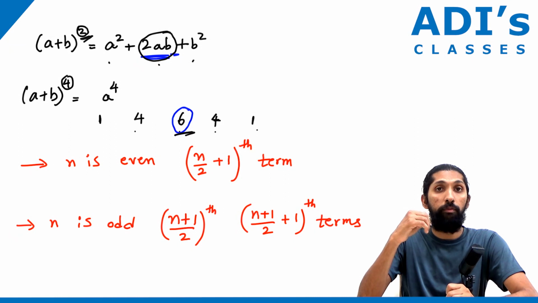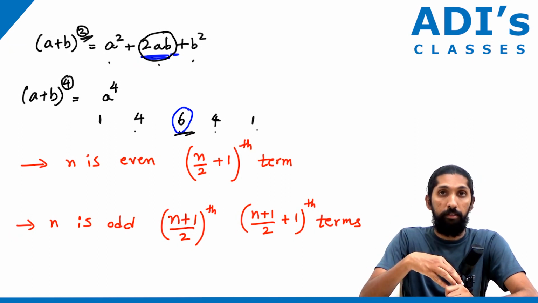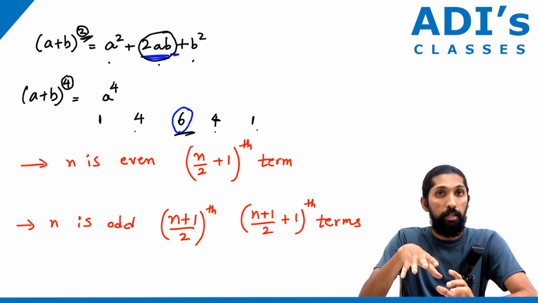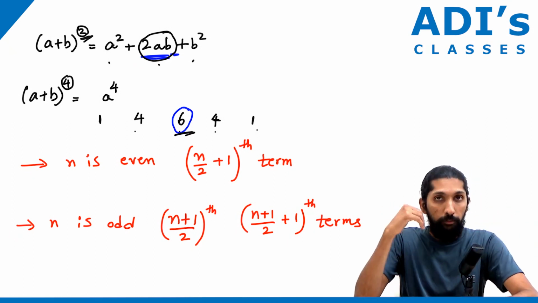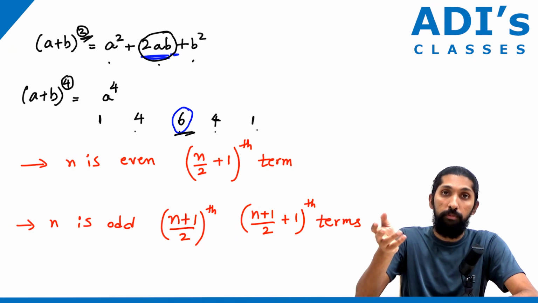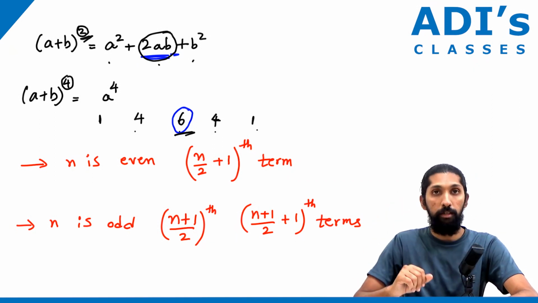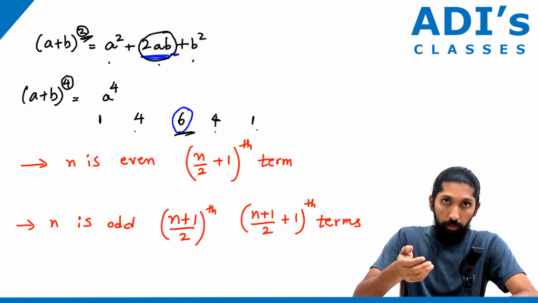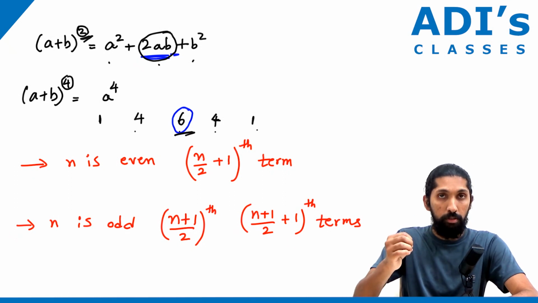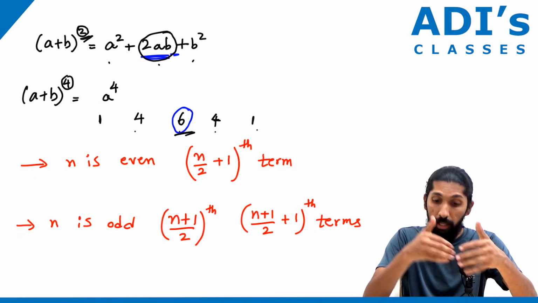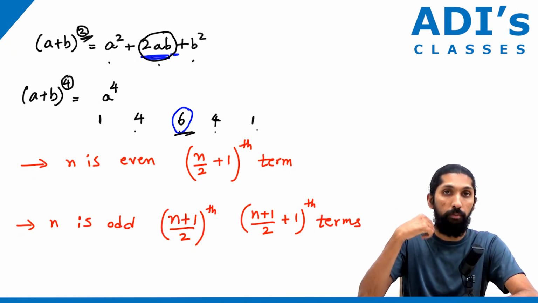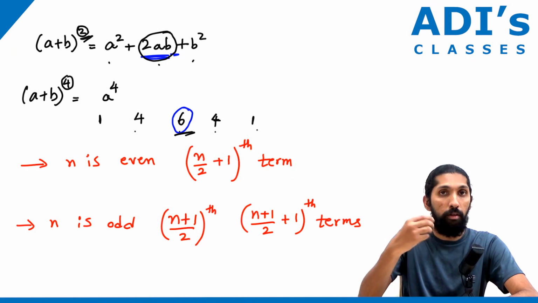Or they can ask which term is independent of x. Or they'll ask you to find the midterm or midterms. So there are around 4 or 5 types of problems based on the topic we just did. In the next video, we'll solve a few problems so that it's easier for you to understand how exactly we apply these concepts.